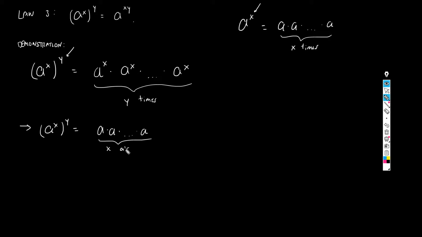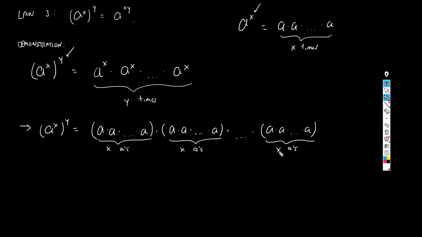All of this is just a to the x, and then we have a times, so I must write a times, and then once again a to the x, which by definition is a times etc. times a. How many a's do I have in here? I have x a's, and then we have a times, and then we go on in the same fashion, and then times. And then once again, you get the idea, right? So we have x a's in here.